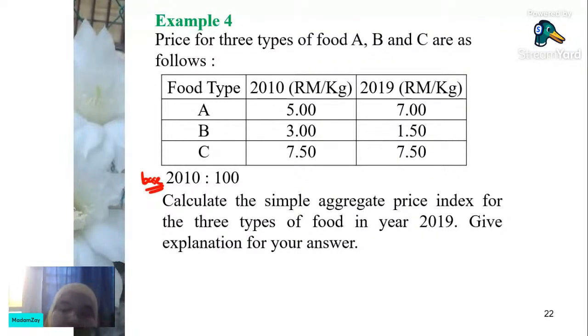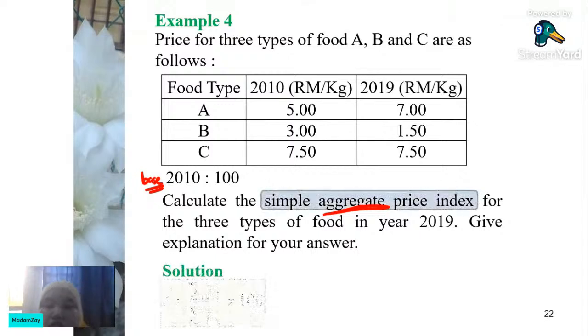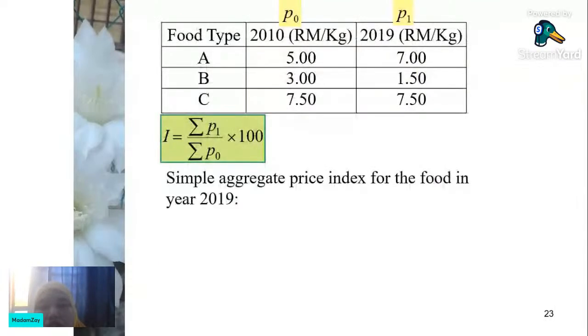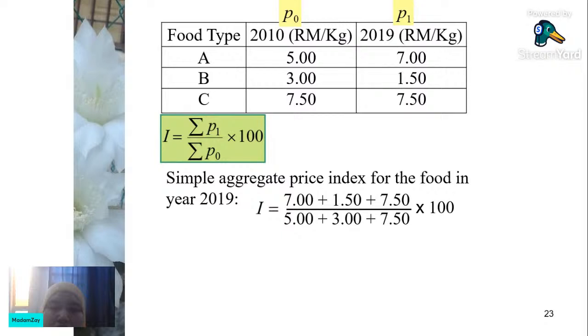Simple aggregate means that we have to find out the total. So use the total summation of P1 over summation of P0 multiplied by 100. P1 is 2019 and P0 is 2010 because 2010 is the base year. Substituting all the values, summation of P1, 7 plus 1.5 plus 7.5, divided by the total of P0, which is 5 plus 3 plus 7.5, and multiply by 100.